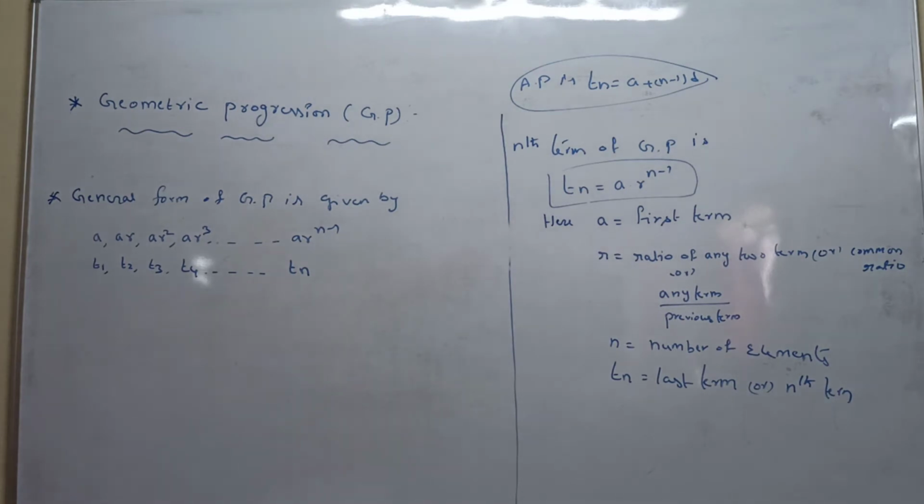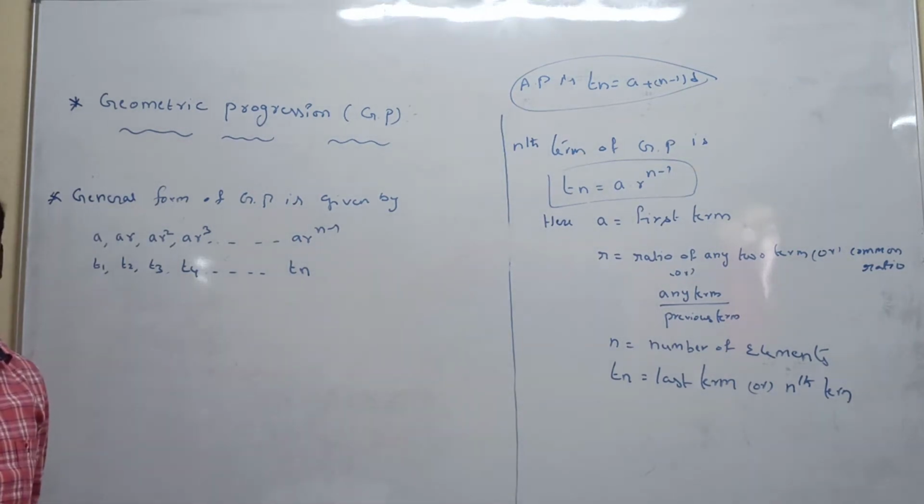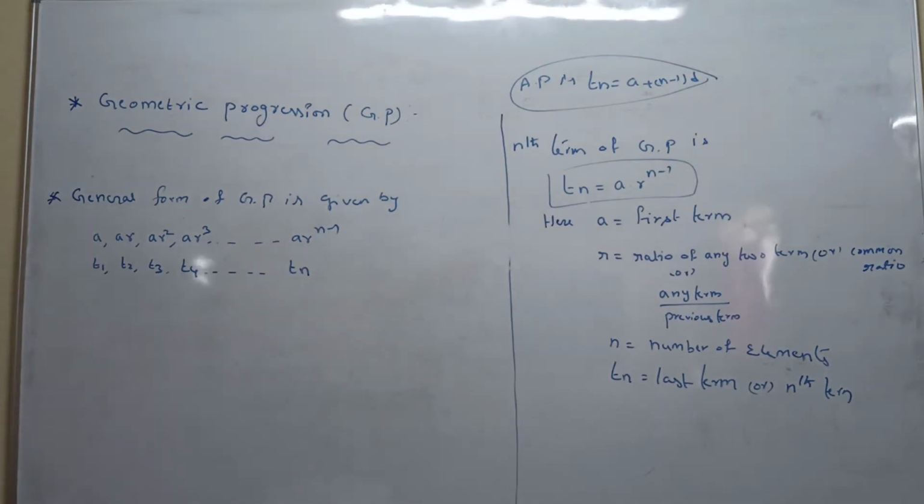It is clear. So once again, guys, the definition: a geometric progression is a sequence in which the ratio of any term to its preceding term is a constant. This constant is known as the common ratio, denoted by small r.